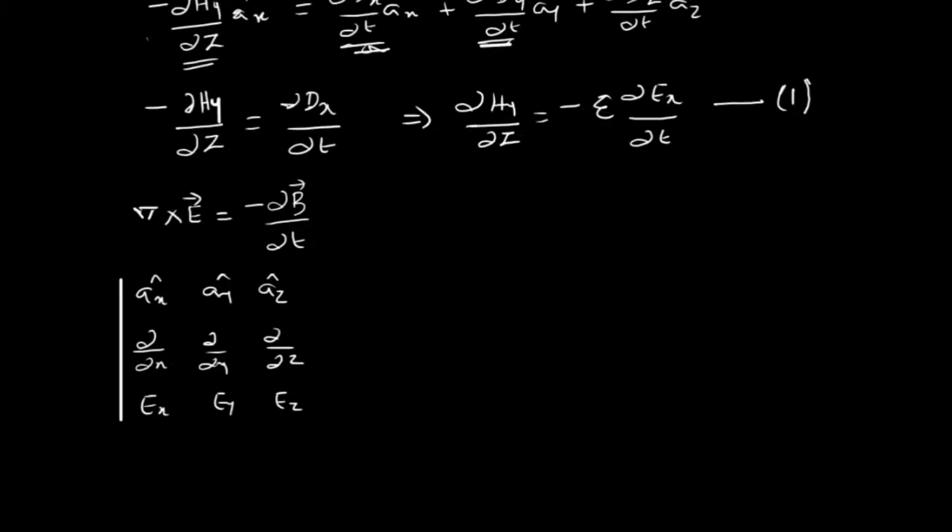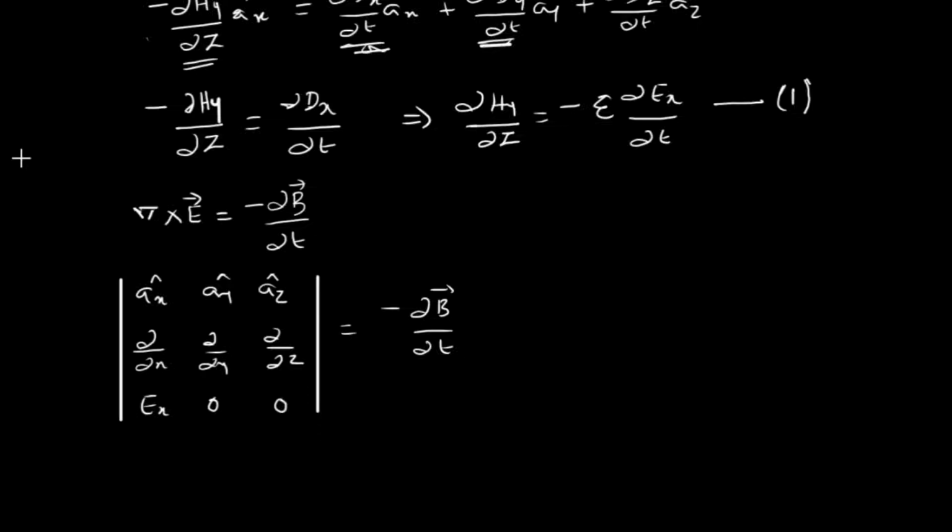So determinant of this is equal to minus ∂B/∂t. And as you know, here we don't have Ey component as well as Ez component. We just have Ex component. So these two components will be 0, and B vector will be written in the form of Bx ax cap plus By ay cap plus Bz az cap.